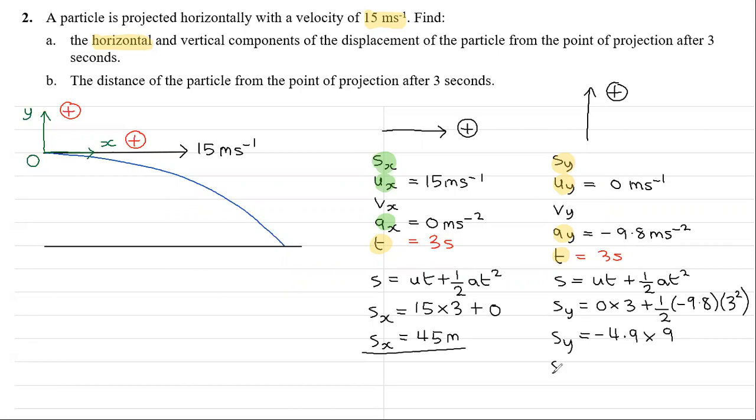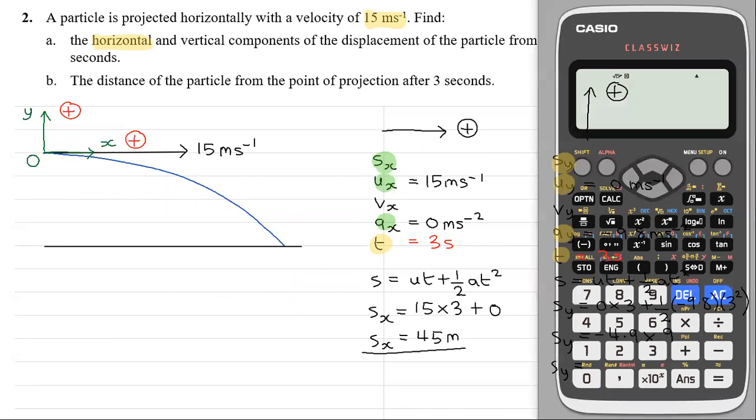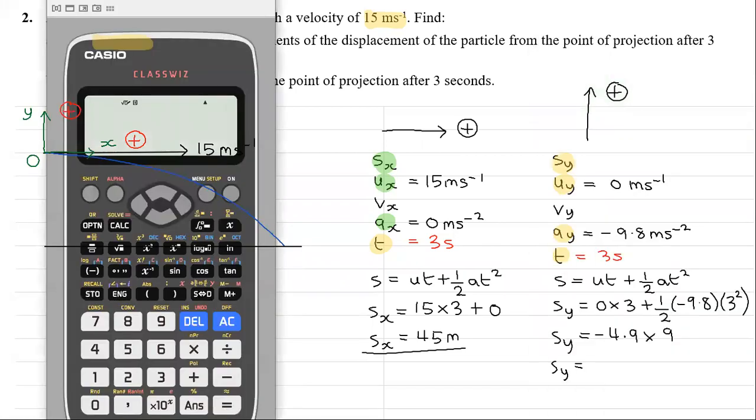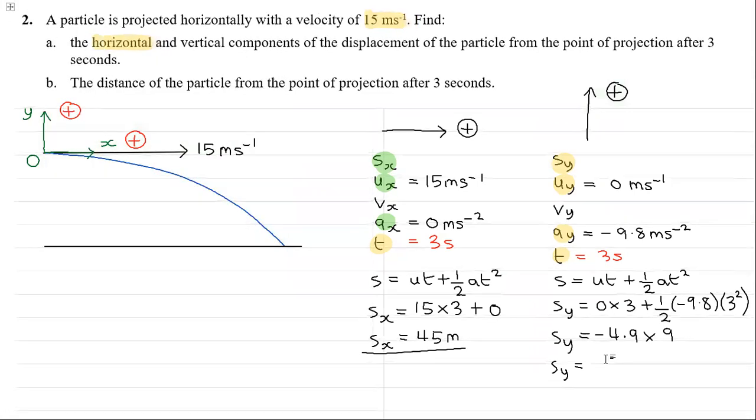And we just do a little calculation on our calculator. Let's bring that up. And I'll just give myself a bit of space to do it. So this is going to be negative 4.9 multiplied by 9, which is negative 44.1 meters.